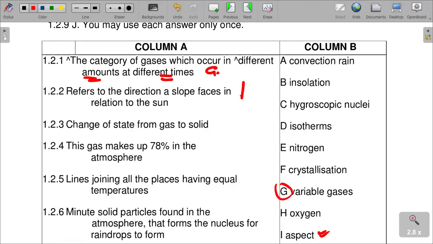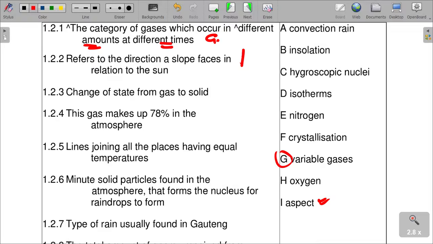And then, change of state from gas to liquid. What do we call that? Hygroscopic nuclei?